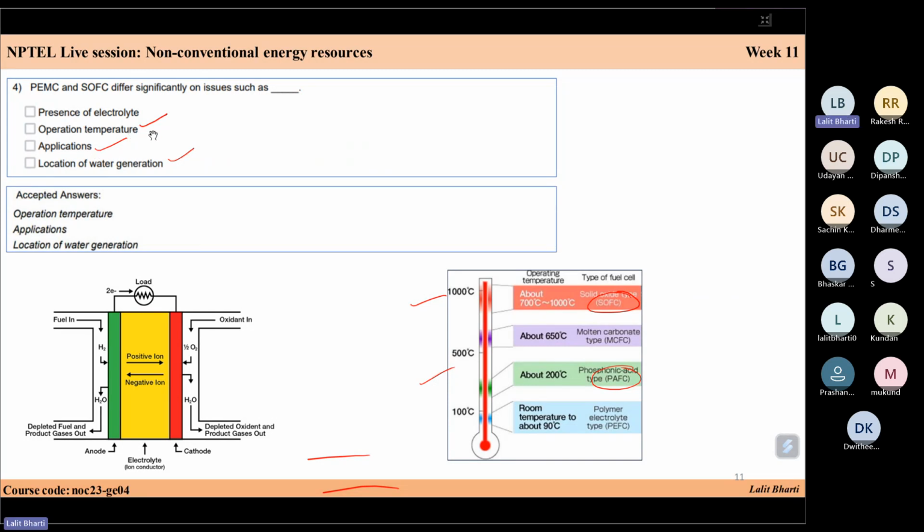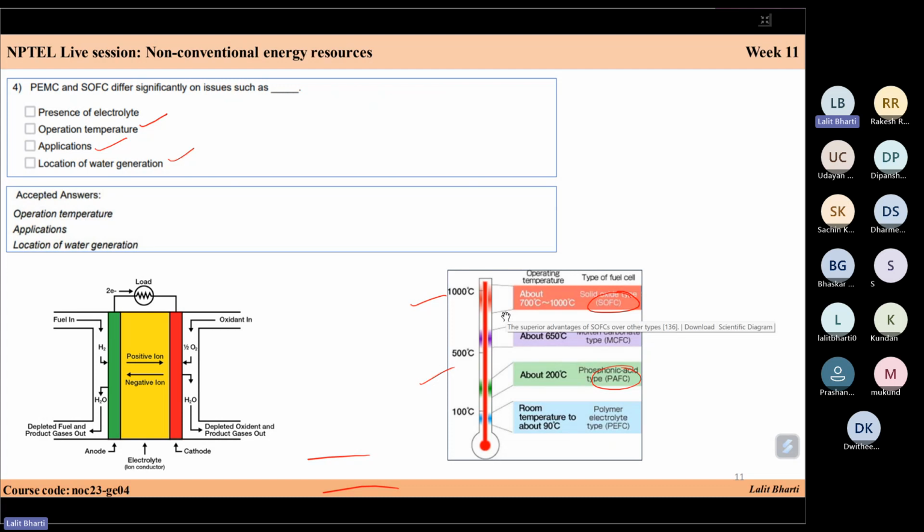So operation temperatures. Clearly we know that PEMFC works at room temperature, and your SOFC, solid oxide, runs at high temperatures, around 700 to 1000 degrees Celsius.